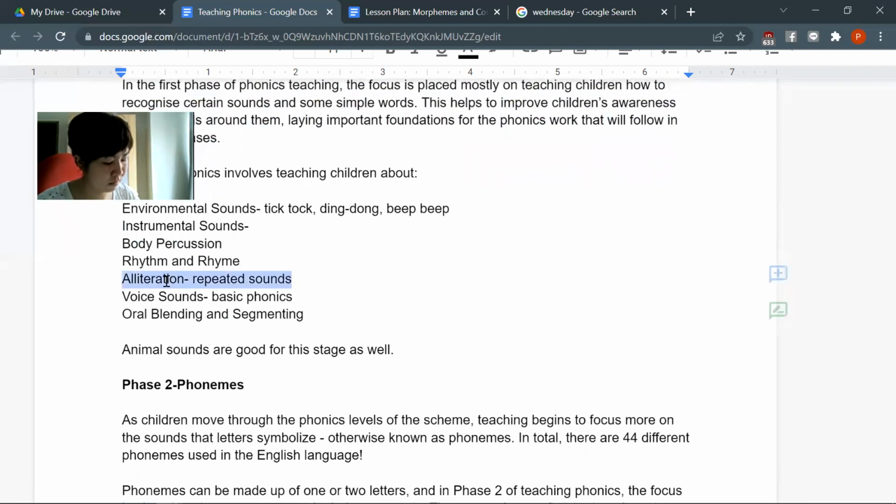Alliteration, which means repeated sounds. Repeated what sound? All of them. For example, the hard one is Susie sells seashells, right? But you could also do an easy one like Bob buys books.